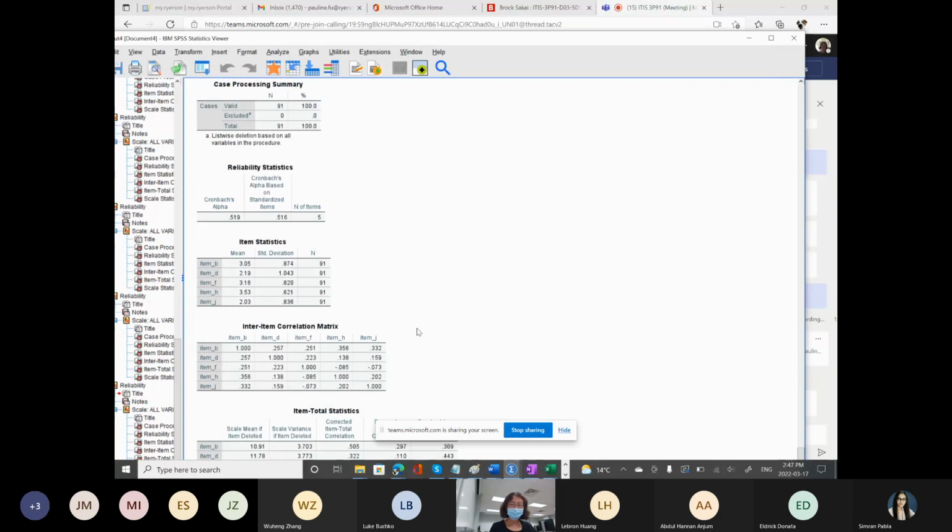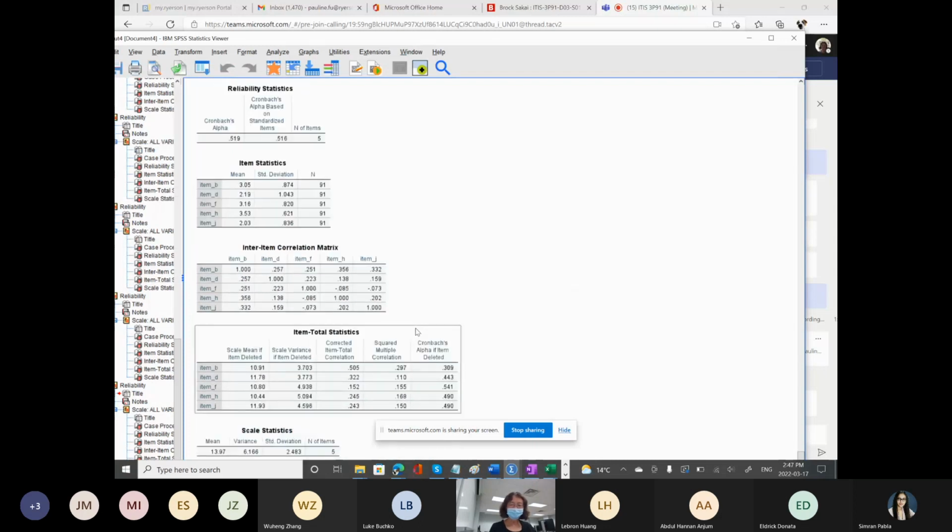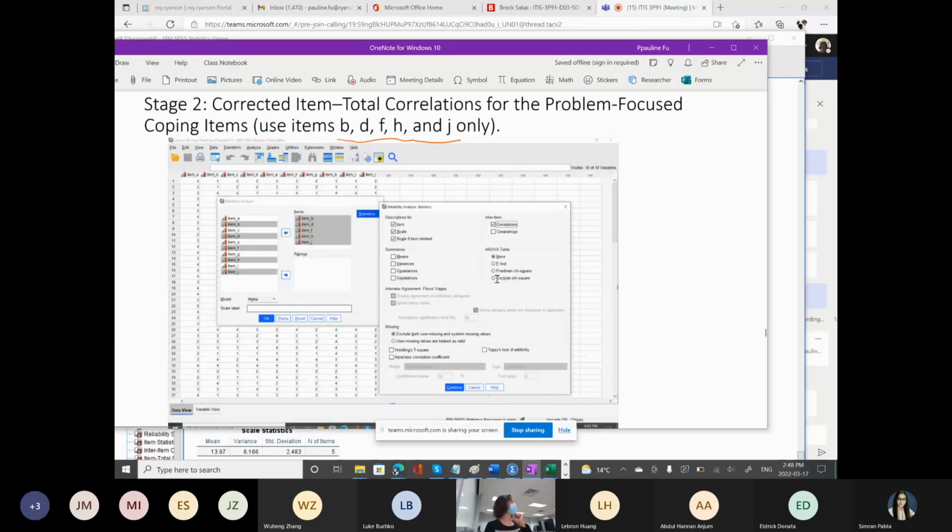And then, if you look at the total item, especially the corrected item to total correlation, we have item F 0.15, pretty low. So we remember at the beginning, I told you the result, we are going to reject emotion focused, problem focused. See, at this stage 2 we see a little bit of a problem already.